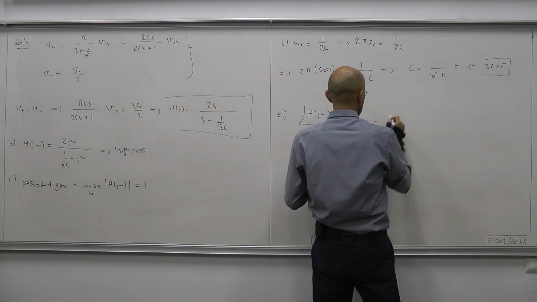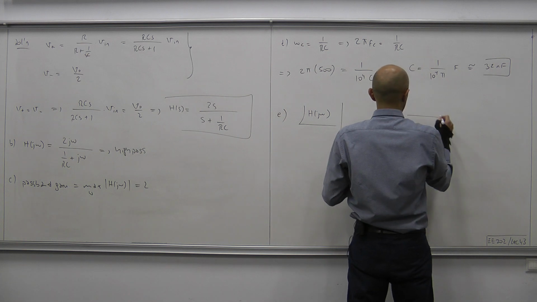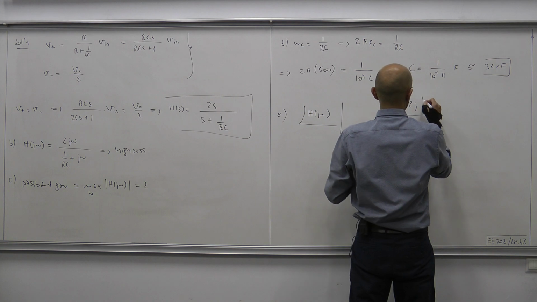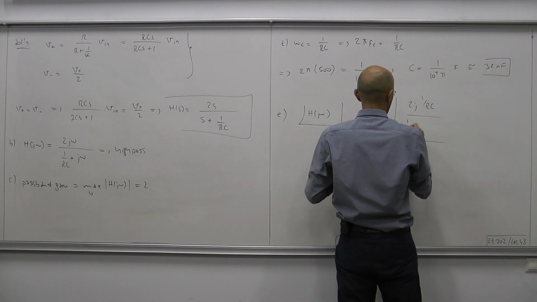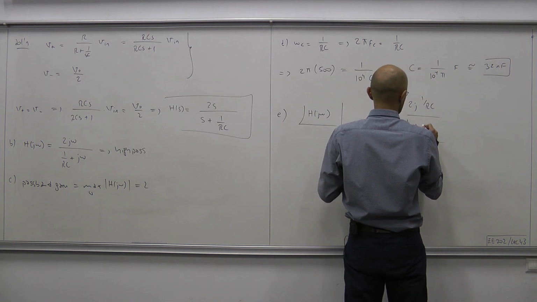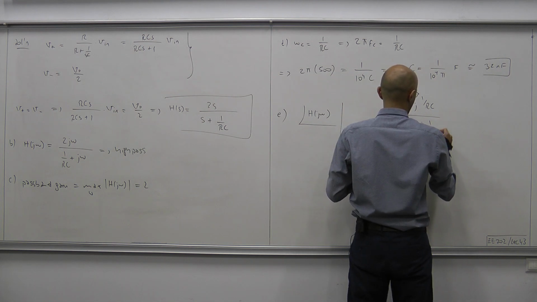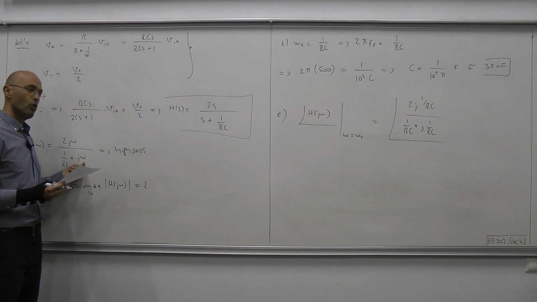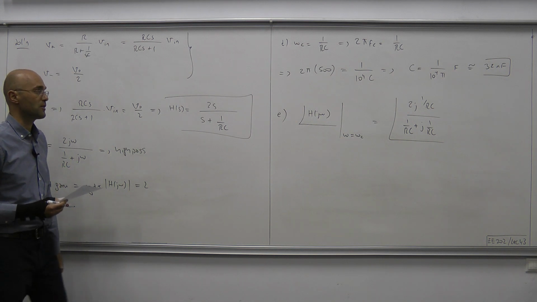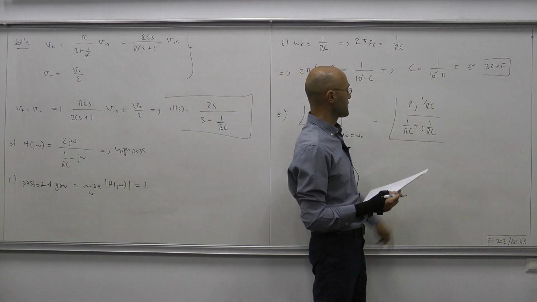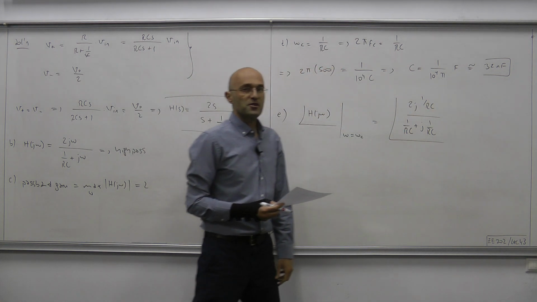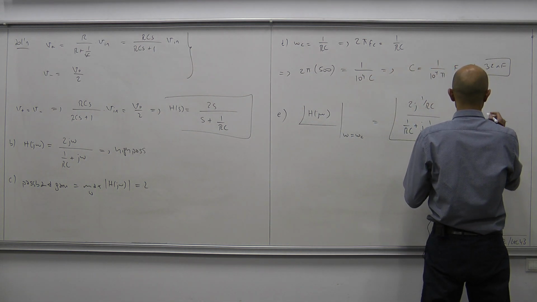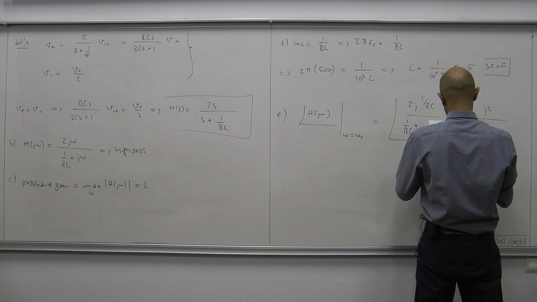So that equals, okay, 2J times 1 over RC, over 1 over RC plus J times 1 over RC. Okay, so we're plugging in omega equals alpha, and you can simplify and cancel the 1 over RC's, and what remains is the phase of J2 over 1 plus J.